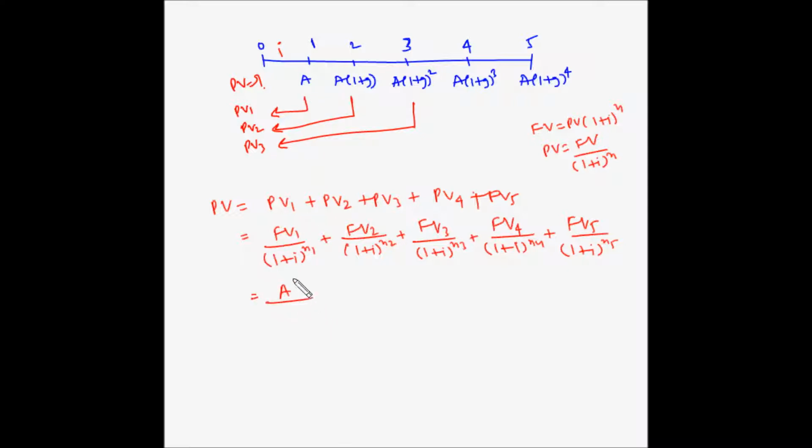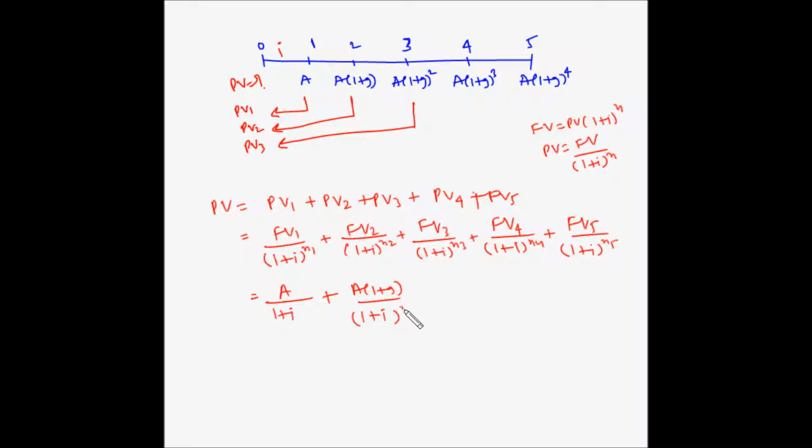So A divided by 1 plus i, n1 is 1 year for the first payment, plus FV2 is A into 1 plus g. So A into 1 plus g divided by 1 plus i, and here the period for which this is going to be discounted is 2 years.